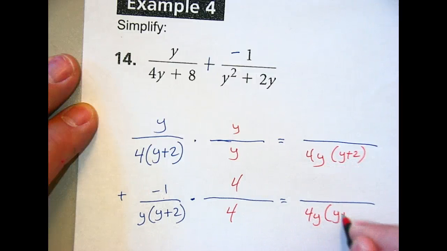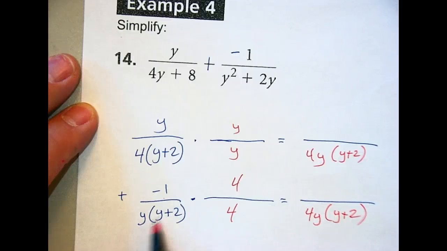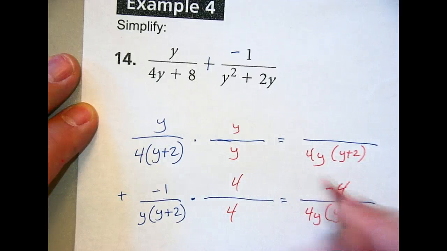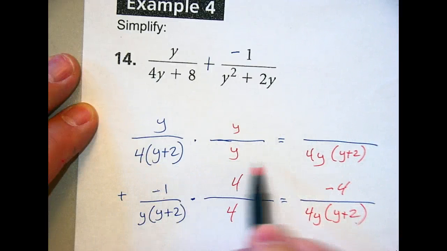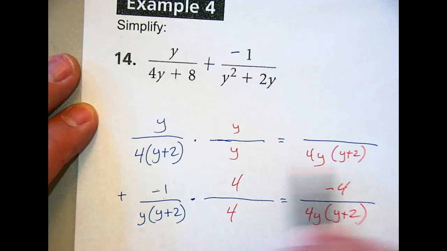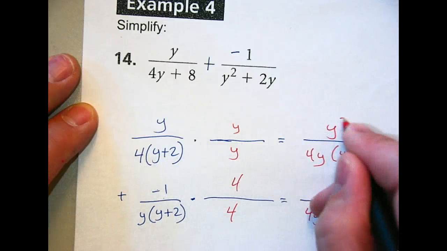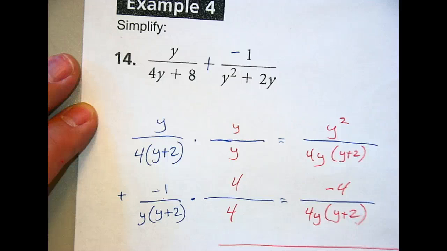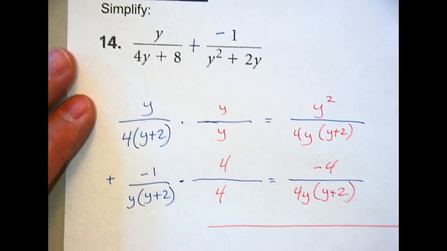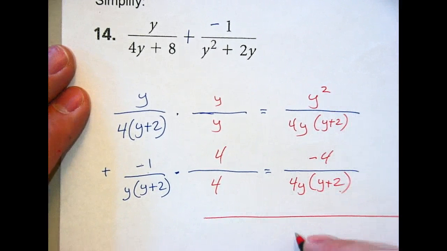So you multiply this piece by 4 to get that 4 times y plus 2. Gives you negative 4. You multiply this piece by the y to get that 4y times y plus 2 to get y squared. And notice you're adding still, since you brought that negative sign in to begin with. Ends up giving you y squared minus 4 over 4y times y plus 2.